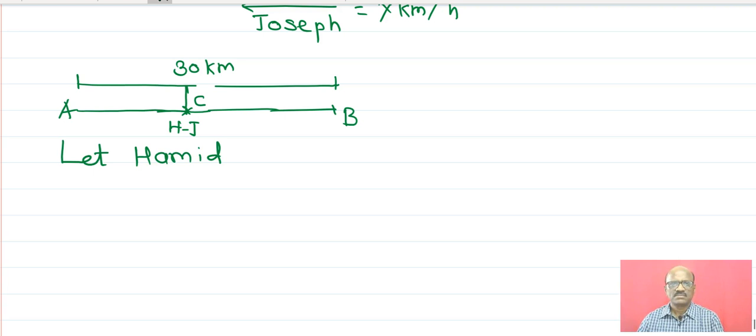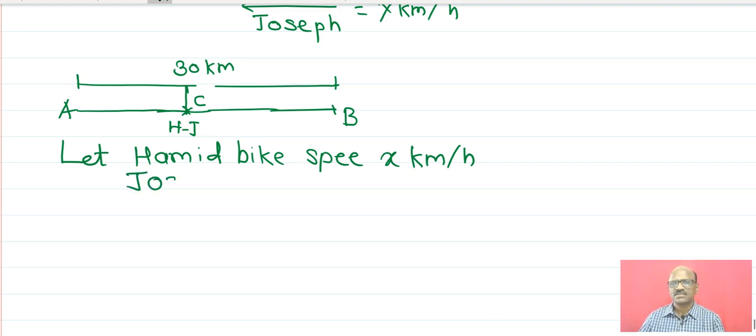Let Hamid's bike speed, that is where the speed is, small mistake is there.